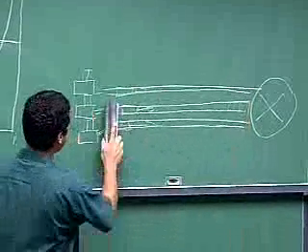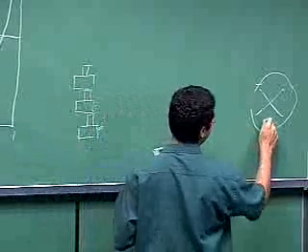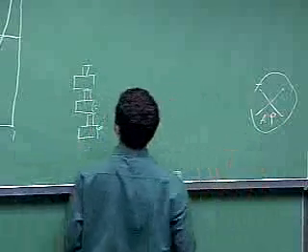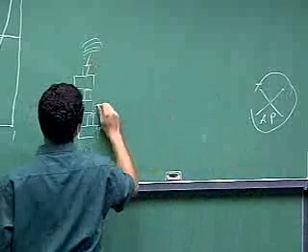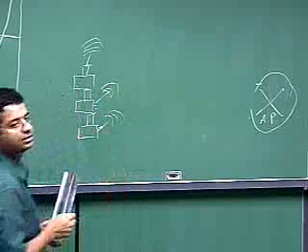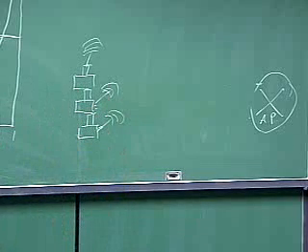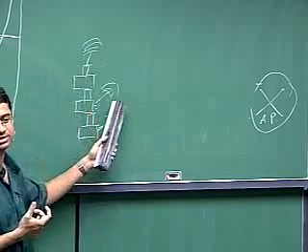In a wireless network, if this is your access point and these are all transmitting, then there is no common buffer which can hold these transmissions if they are going on simultaneously.